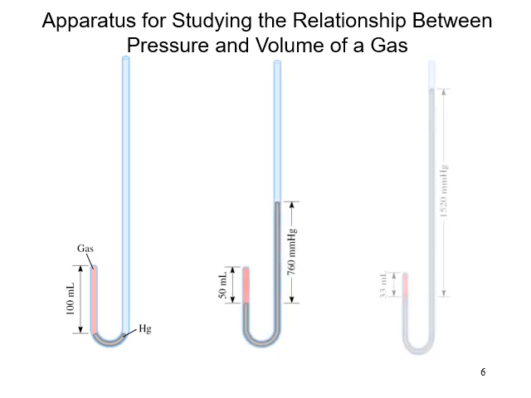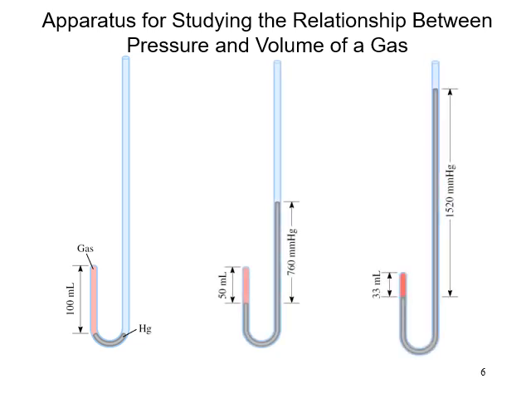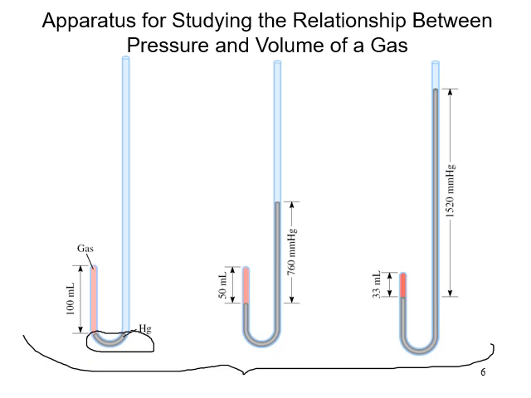Now, how do you study pressure and volume of a gas and its relationship? This is a picture out of your book that is showing mercury. Apparently, mercury was a very handy substance here because it had a high density. It was a liquid, so you could put it into a tube, and if you had a closed tube and you put mercury in, there was air in there, so it trapped that air.